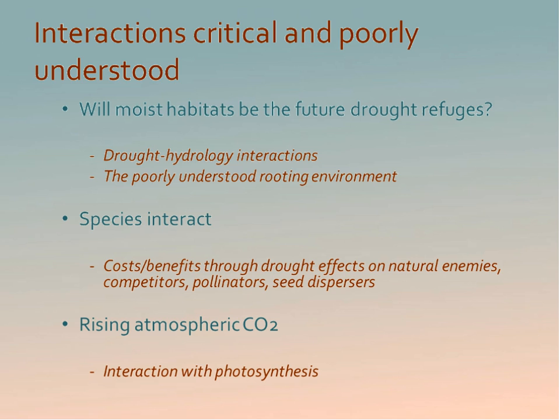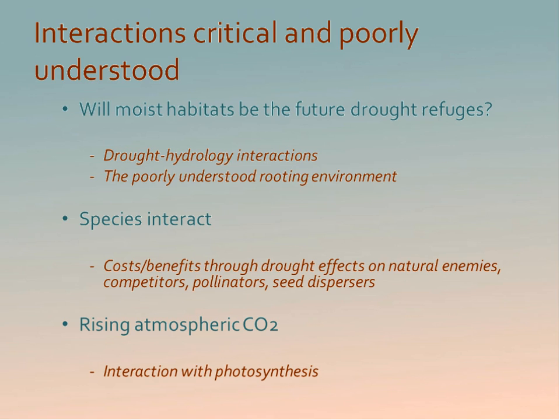For example, will these moist habitats be the future refuges? On the other hand, these are also the habitats that harbor many of the most moisture-sensitive species. So we could think about a number of ways this could play out, different for each species, and it's hard to anticipate how they'll work out.